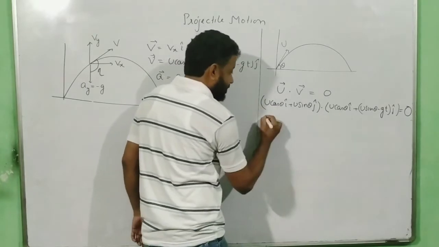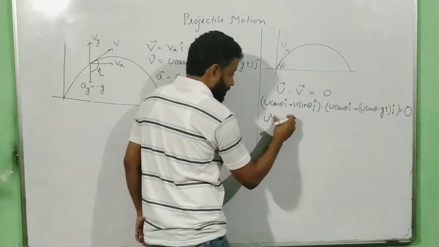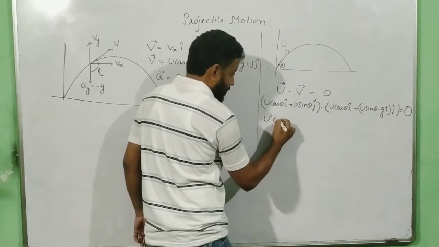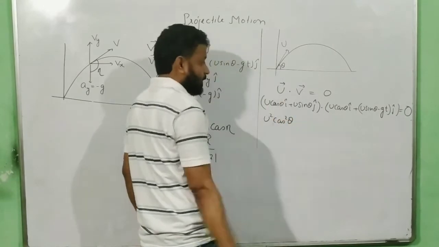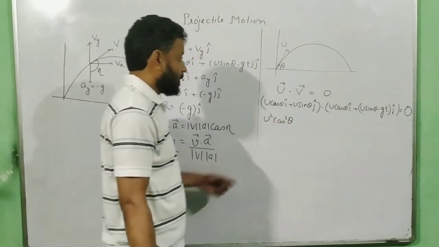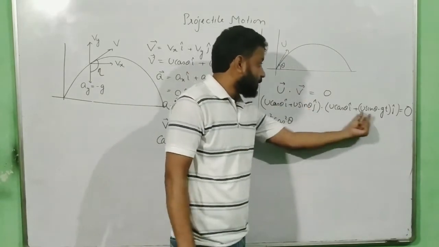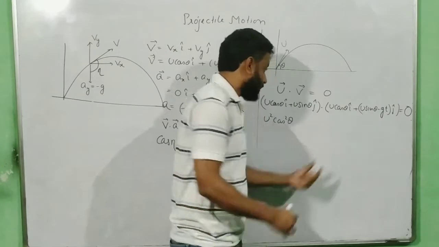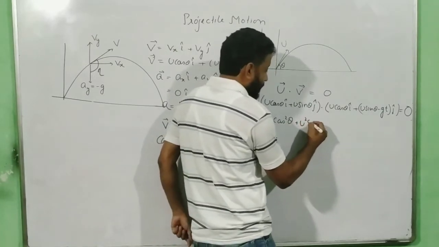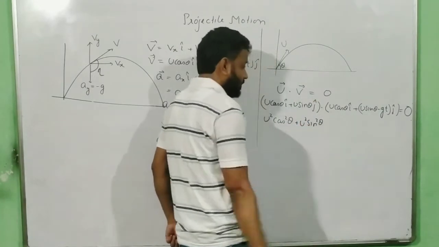I dot I becomes u square cos square theta. Okay? Then u sin theta with this becomes u square sin square theta.